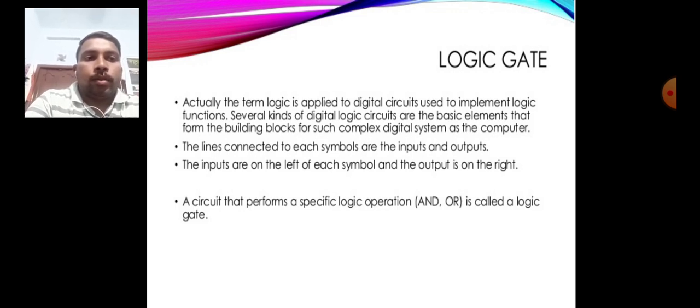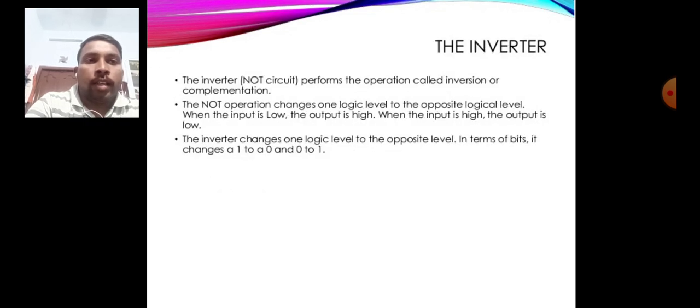Now, what is the inverter? The next one is the inverter. The inverter performs the operation called inversion or complementation.